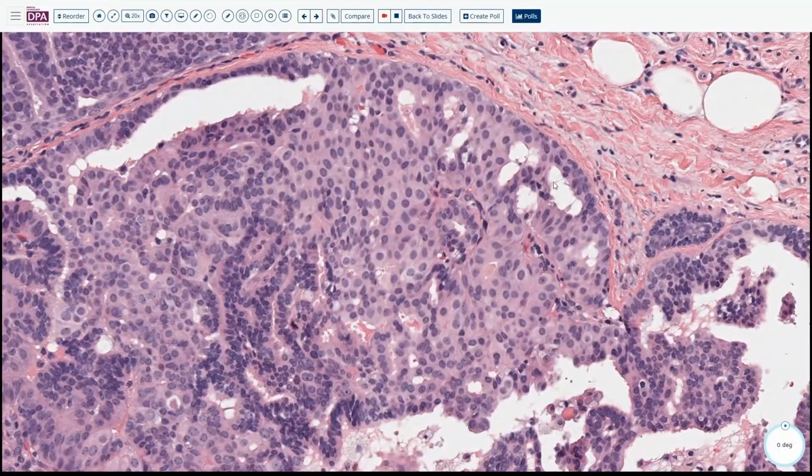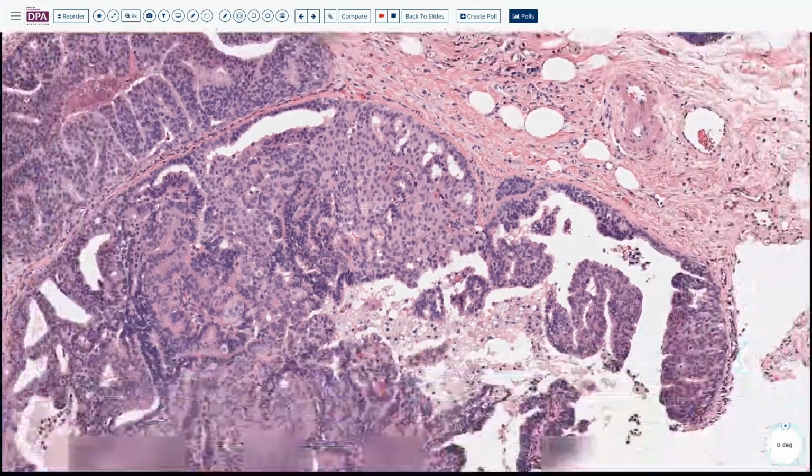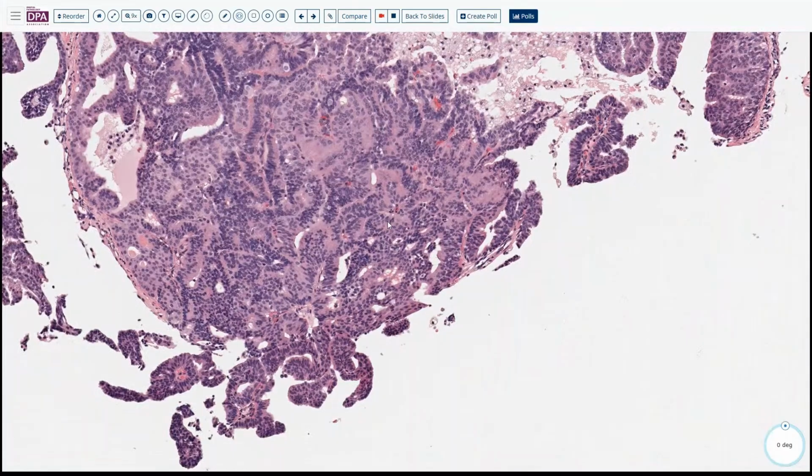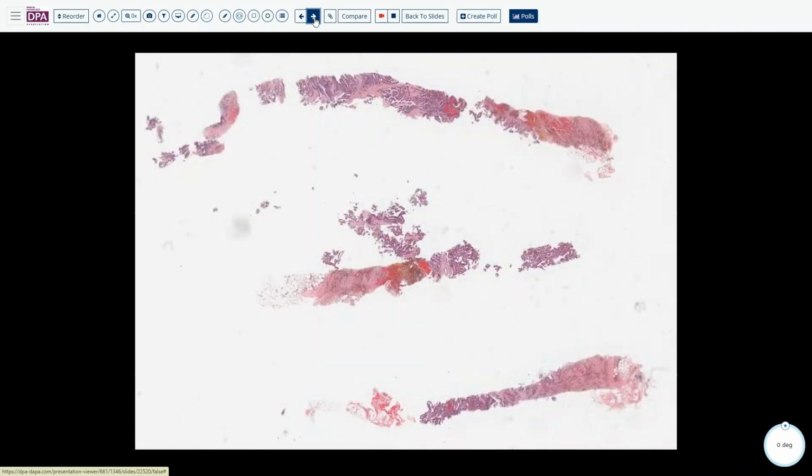They usually form this more rigid lumen here. So this area we have DCIS, and this area we probably have intraductal papilloma with UDH. This area also DCIS.